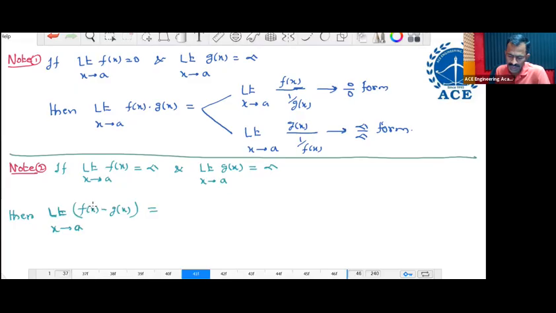At a, this is becoming infinite, this is becoming infinite. So this is infinity minus infinity form.